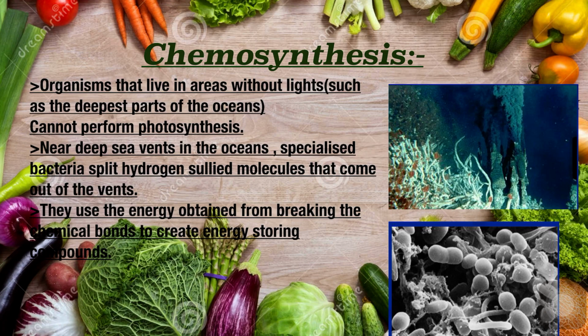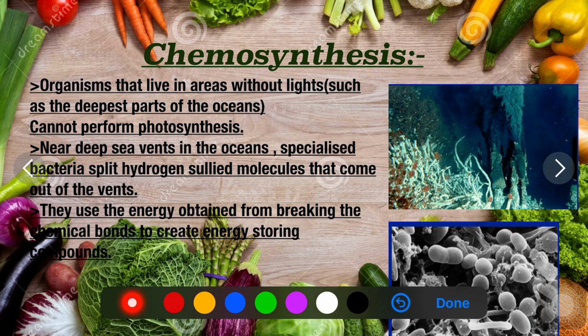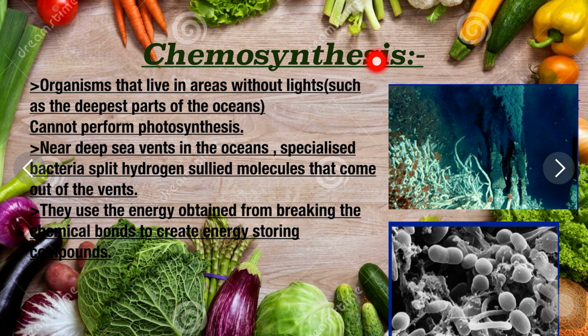Students, have you heard about chemosynthesis? This is somewhat kind of like photosynthesis, but it is different from photosynthesis. So let us have a look at chemosynthesis. So students, organisms that live in areas without light, such as the deepest part of the ocean, cannot perform photosynthesis.